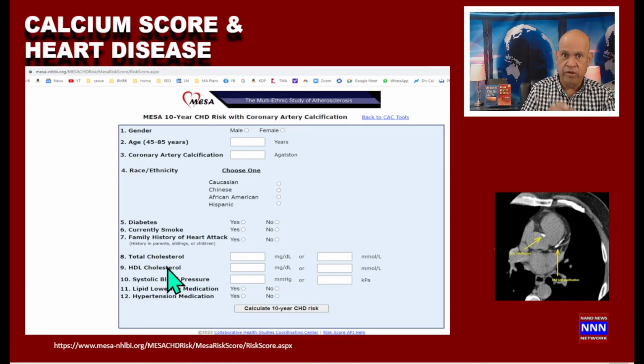Remember, I'm talking about risk factors: diabetes, hypertension, peripheral arterial disease, high cholesterol, blood pressure. When you put all these numbers, it will give you your calculated risk of coronary artery disease.